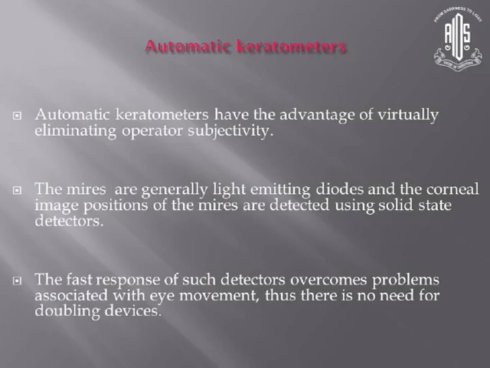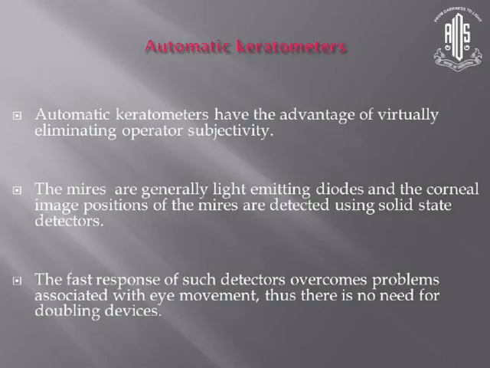So you can use multiple machines also to take the same readings. Autokeratometer is a bit faster. The advantage here is that it uses light emitting diodes to project the mires, and the detection is done by a solid state detector.